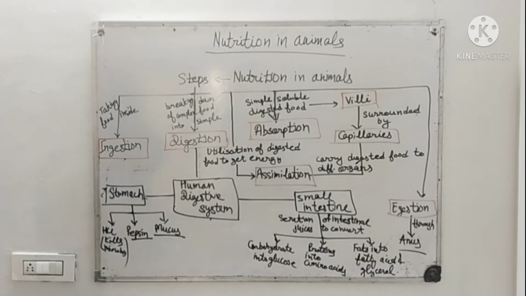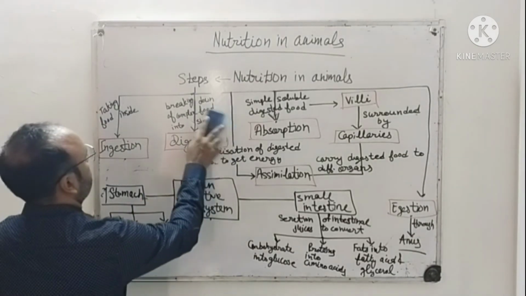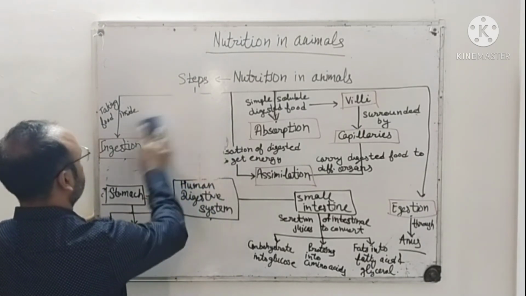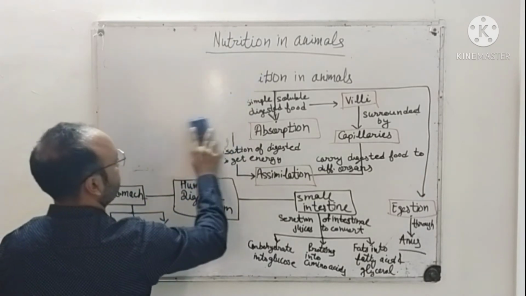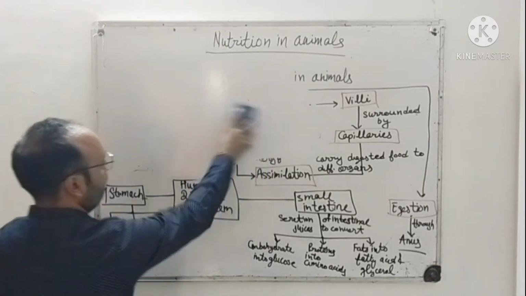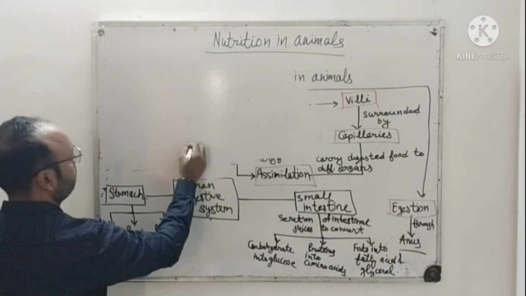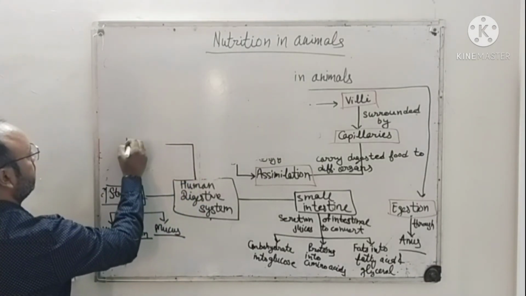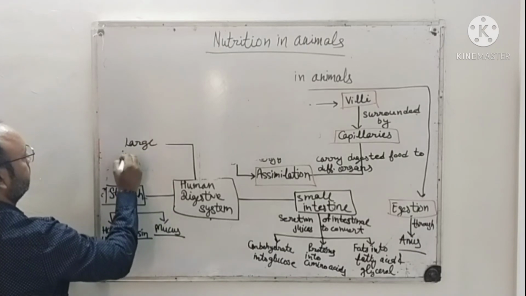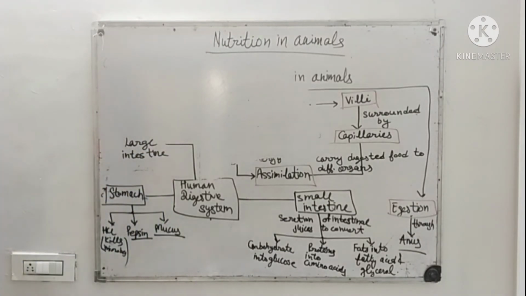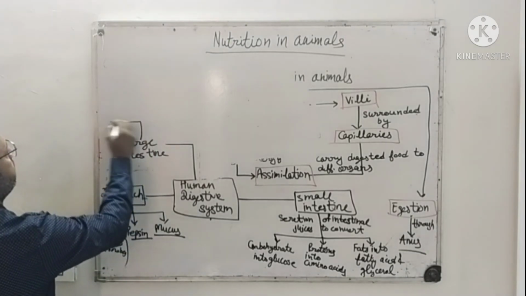Then apart from this, we are discussing right now the human digestive system. In the human digestive system, we will have the large intestine. In the large intestine, we know that there are two things present.